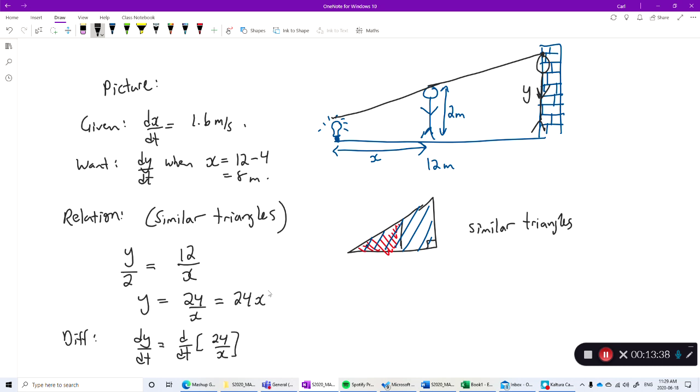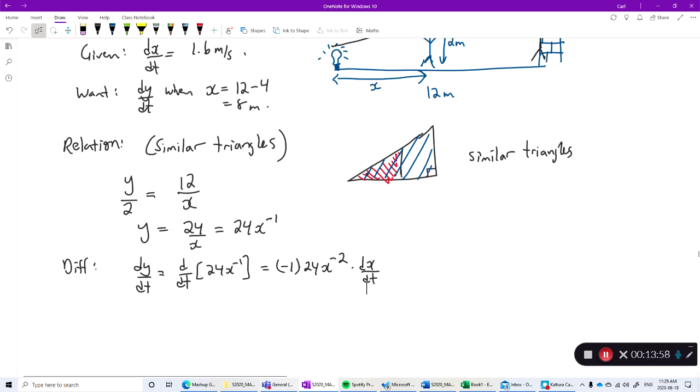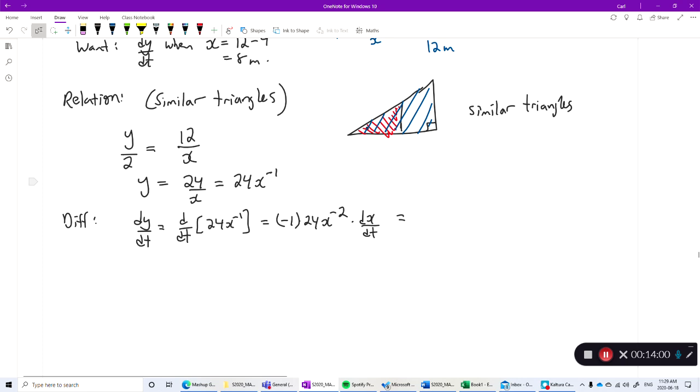Instead of dividing by x, I can do x to the power of -1. So then I don't need the quotient rule. I can just do the power rule. So what do I get? I get -1 times 24x to the -2 times dx dt, which is the same thing as -24 over x squared dx dt.